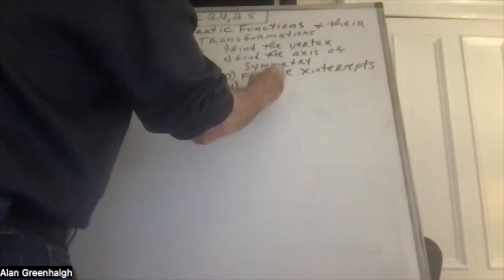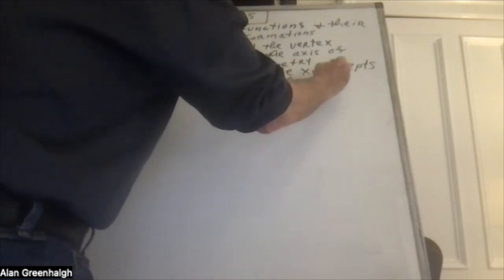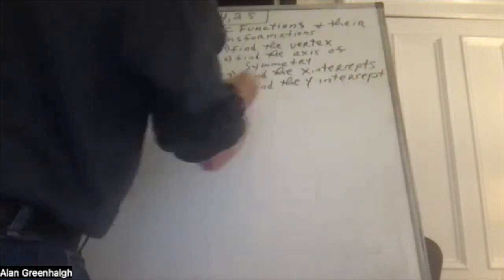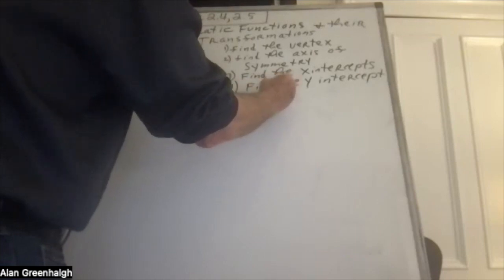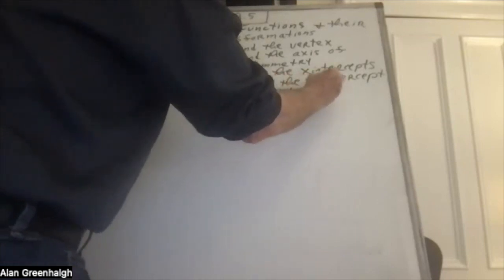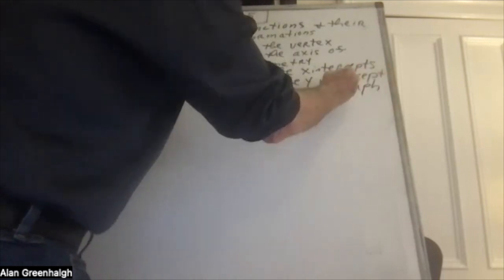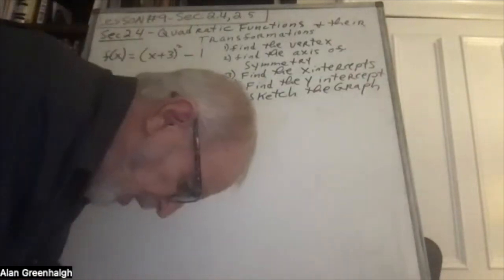Find the y-intercept. There's only one. It only intersects the y. And step 5, sketch the graph. Okay, so, give it a shot.